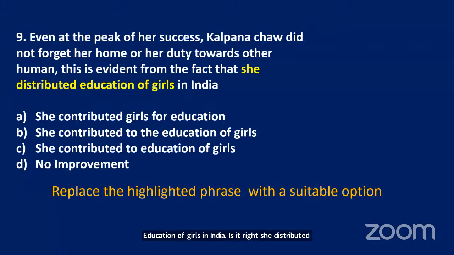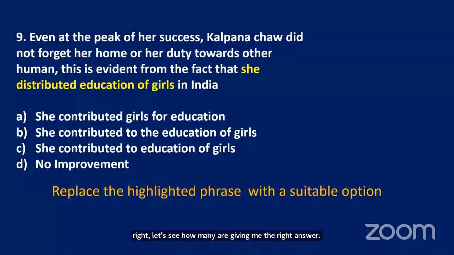So should it be replaced by she contributed girls for education, or she contributed to the education of girls, or she contributed to education of girls, or no improvement is required? Yes. So slightly, very slightly tricky. So you just have to read properly and then give me the right answer. All right, let's see how many are giving me the right answer.